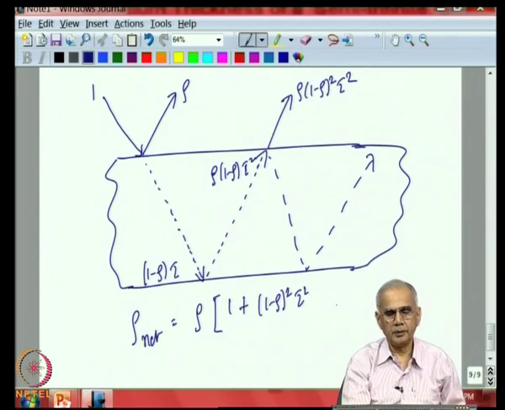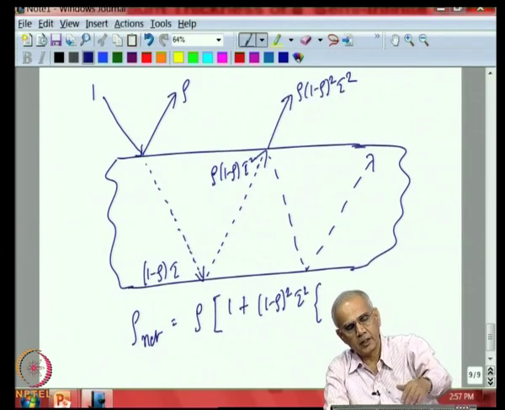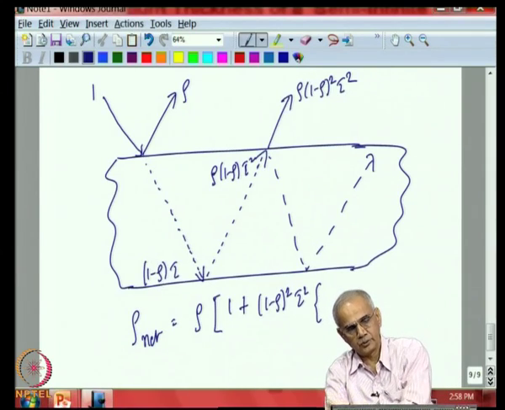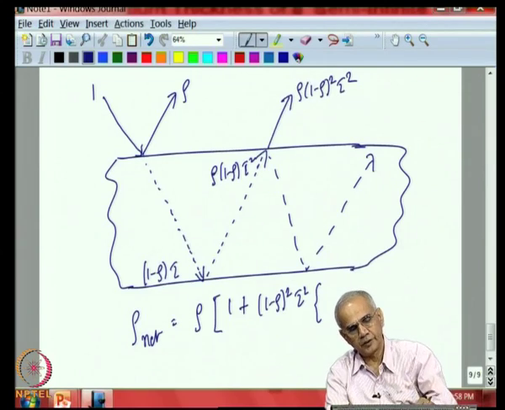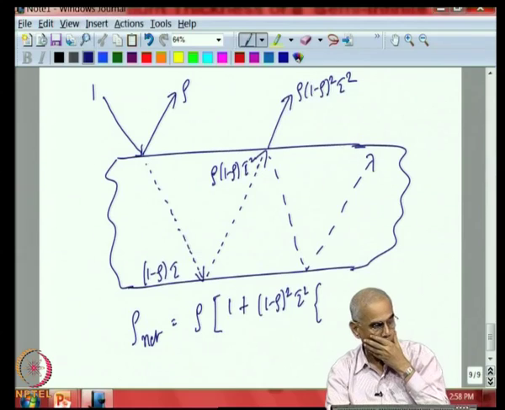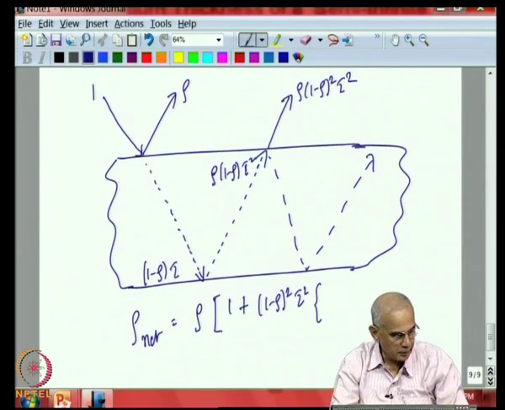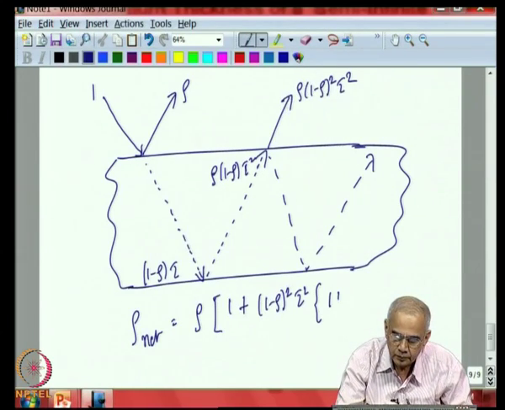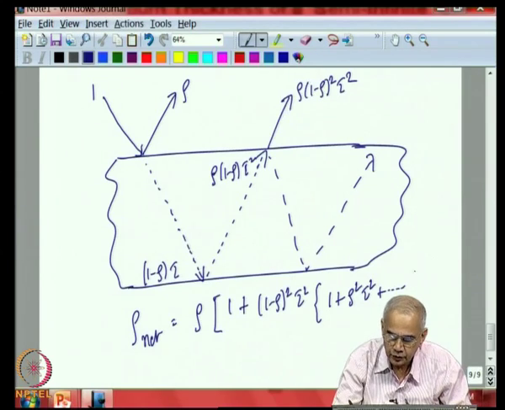This is quite understandable, because anything which goes back up has to go through this layer twice. So, that is tau squared, and it has to escape reflection at the two interfaces. So, it is (1 minus rho) squared. But then there is an infinite series, which can be written as follows.